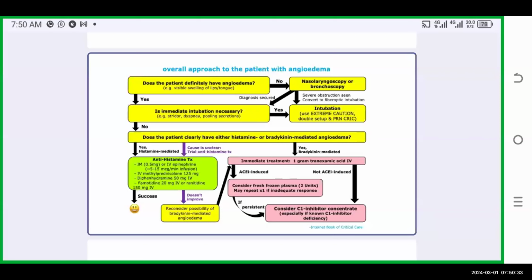However, if symptoms persist, then you can guess that it is most likely bradykinin-mediated. In this instance, you give 1 gram of tranexamic acid IV. And if it's ACE-induced, as in this patient, you consider fresh frozen plasma. You can remember the kinin-kallikrein cascade I showed earlier.